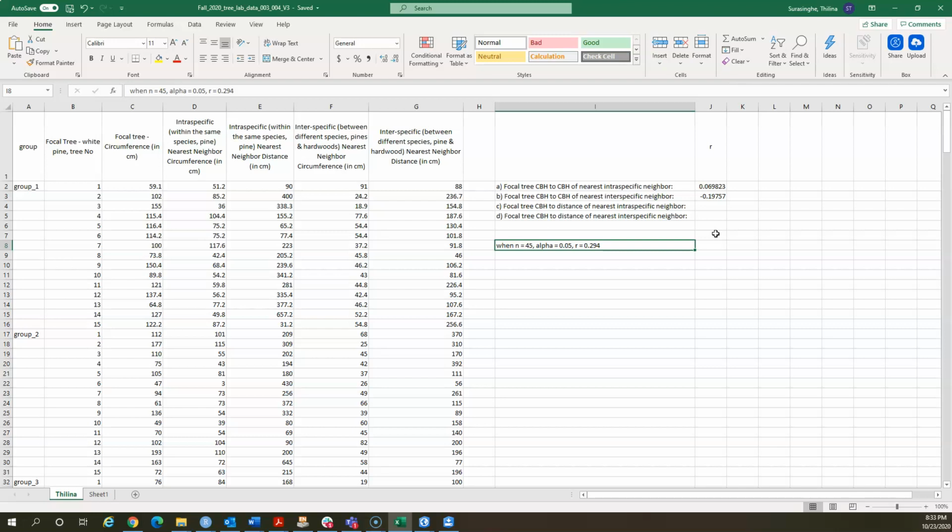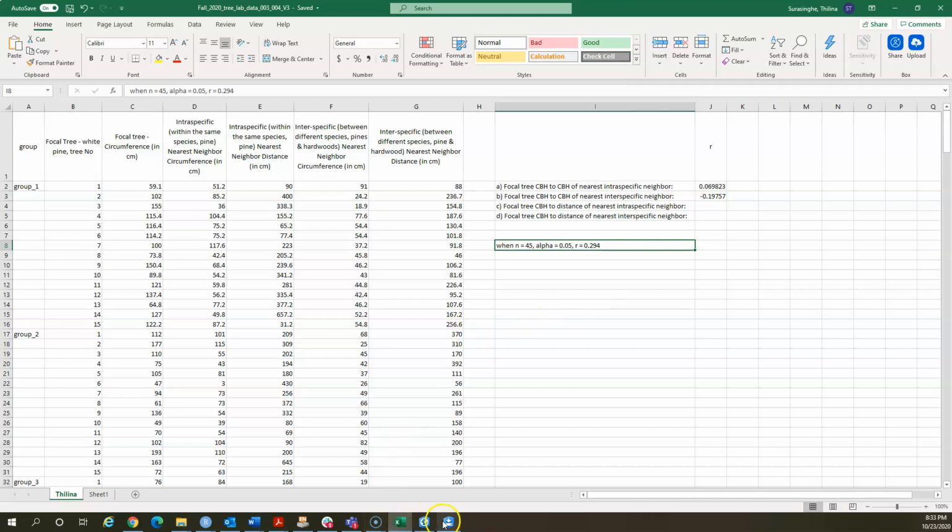Just compare the absolute numbers. Looking at the absolute numbers, both of those are lower than my threshold, right? So my inference is, none of these correlations are significant. One is positive, one is negative, but none of them are significant when alpha is 0.05.